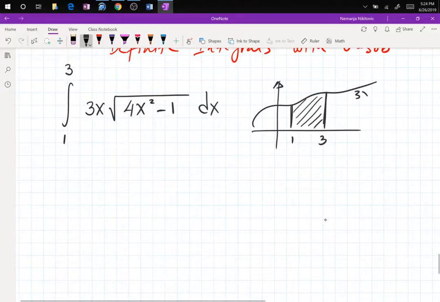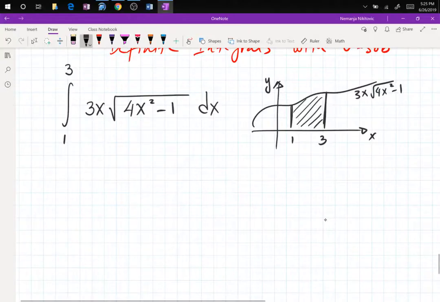So this line is 3x square root of 4x squared minus 1. Again, you can go on a graphing utility, or you can crank that long calculation. But we actually don't care what the function looks like. We just know what we are looking for, which is the area between 1 and 3.